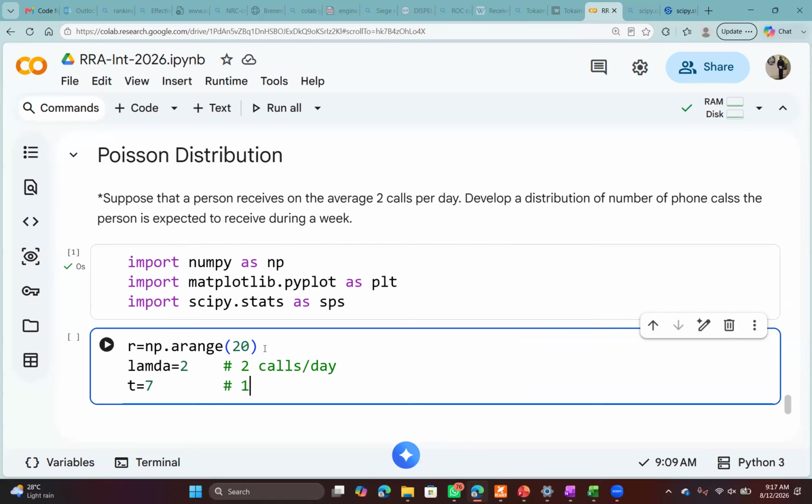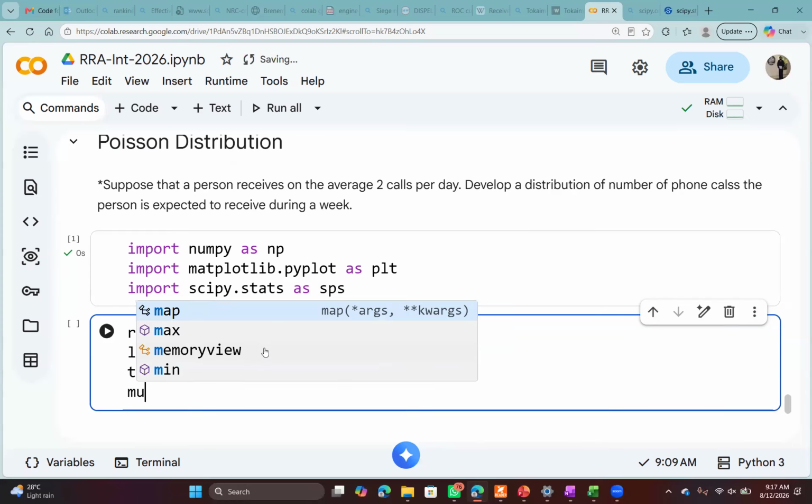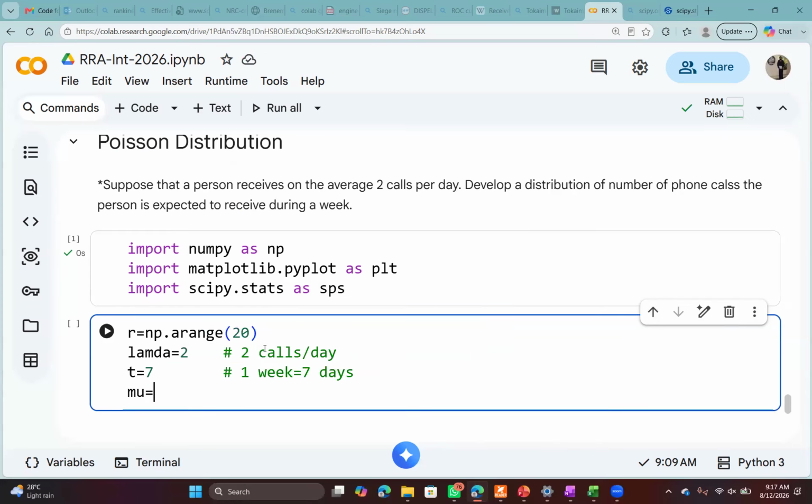So 1 week is 7 days. So now the mean value, so mu value will be 7 times 2, lambda times T. This is the mean value.